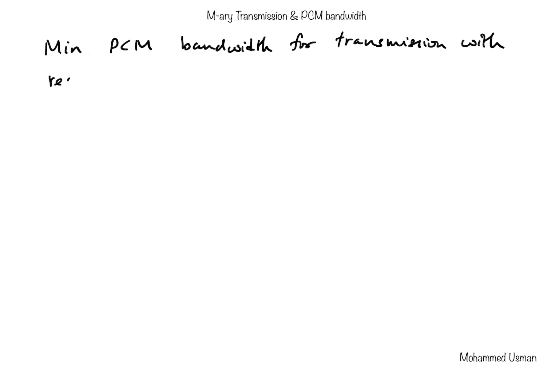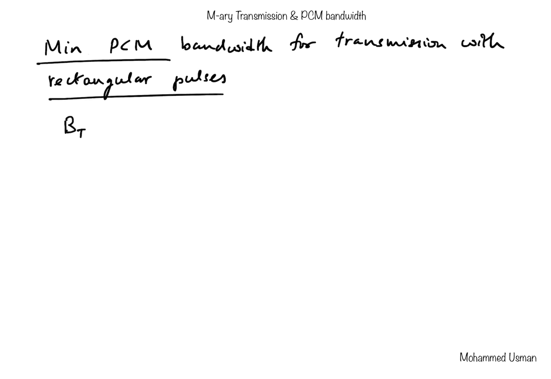So the minimum PCM bandwidth for transmission with rectangular pulses is represented as BT, the minimum value.